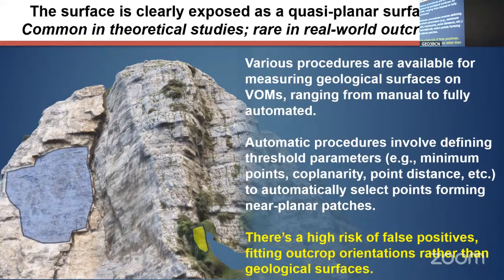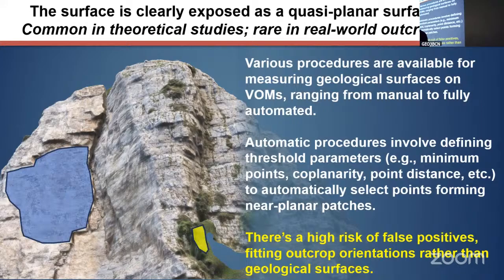And there are algorithms that are automatic, semi-automatic, supervised, unsupervised. The real problem is that in those situations, using an unsupervised or fully supervised approach, there is a high risk of mapping vegetation, slope, or whatever as a fracture, as a bedding, as a fault. So in the end, we spend much more time in cleaning our dataset than in collecting data.